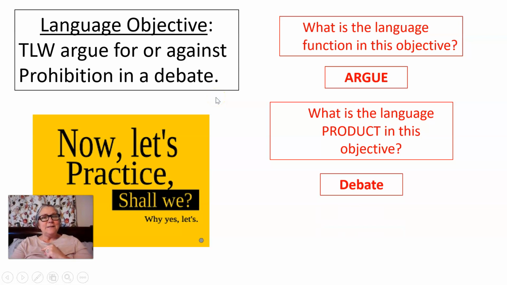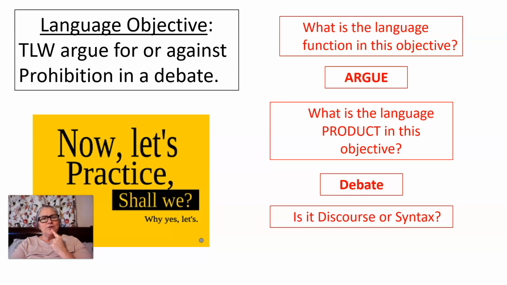Did you say debate? Good. Is it discourse or syntax? The learner will argue for or against prohibition in a debate. Did you say discourse? I knew you would. That's right. It's discourse.